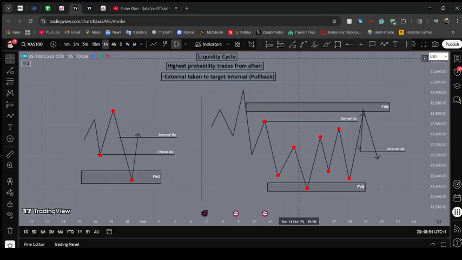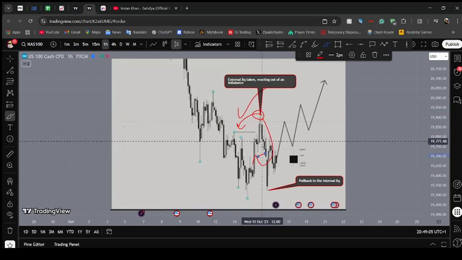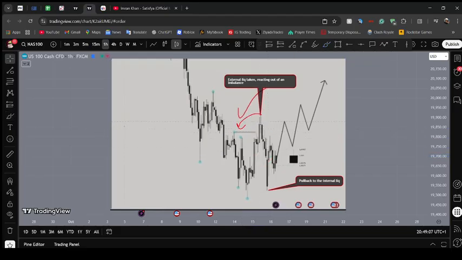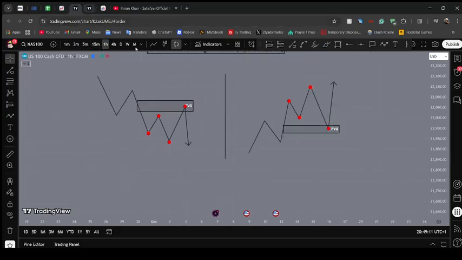So the first one again, external taken to target internal, pullback trade. When this high swept this external liquidity, it was right for you to enter from here and target this internal low only because we're expecting this to be a pullback trade. Second one, expansion trade. When external gets taken, we can target another external.